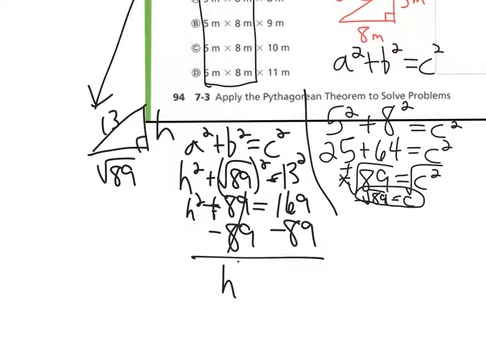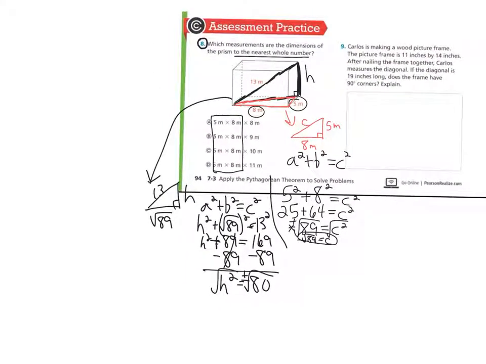And if you subtract, that's 80. Square root of 80, it's almost 9. And that's what we're being asked, is to the nearest whole number. So almost 9, that would match up with answer choice B.